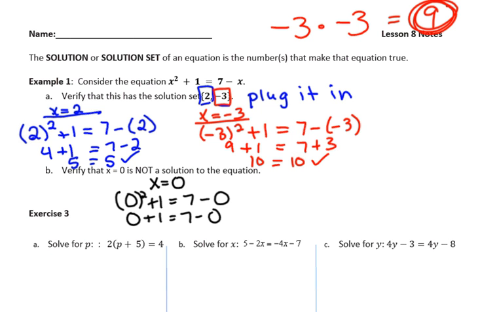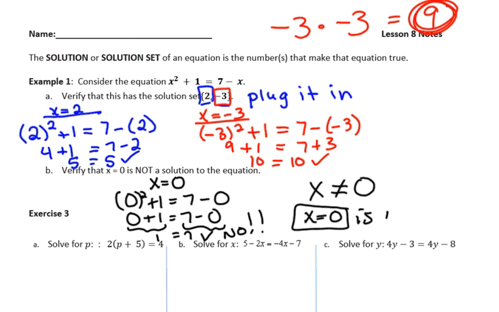What is 0 plus 1? 1 equals 7 minus 0, which is 7. Does 1 equal 7? No. So we just verified, is x a solution? No, it's not. So we would write x is not equal to 0. Or we could also say that x equals 0, that value of x, is not a solution.